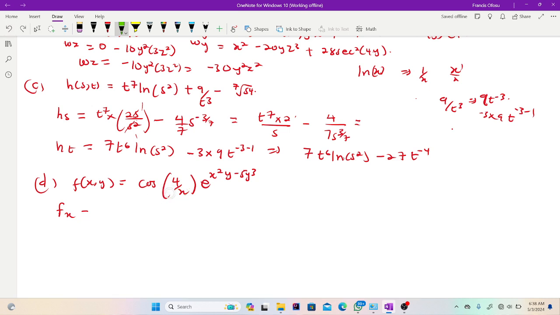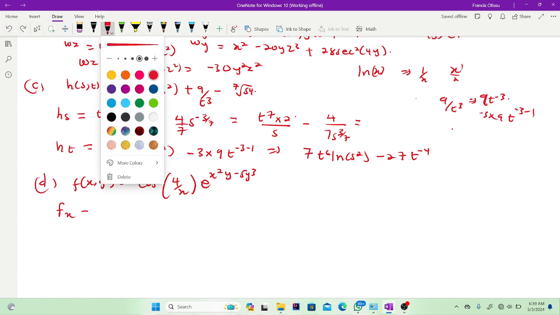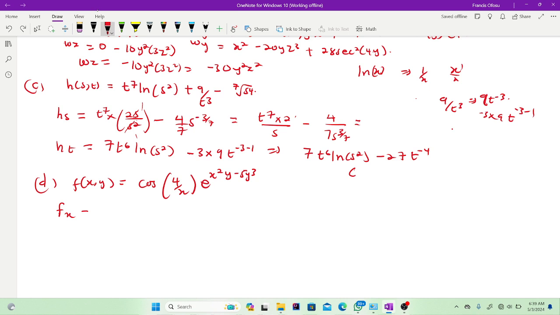So differentiating this expression here with respect to x, what am I getting? Now, this is a cosine function. When I differentiate cos x, I get negative sine x.